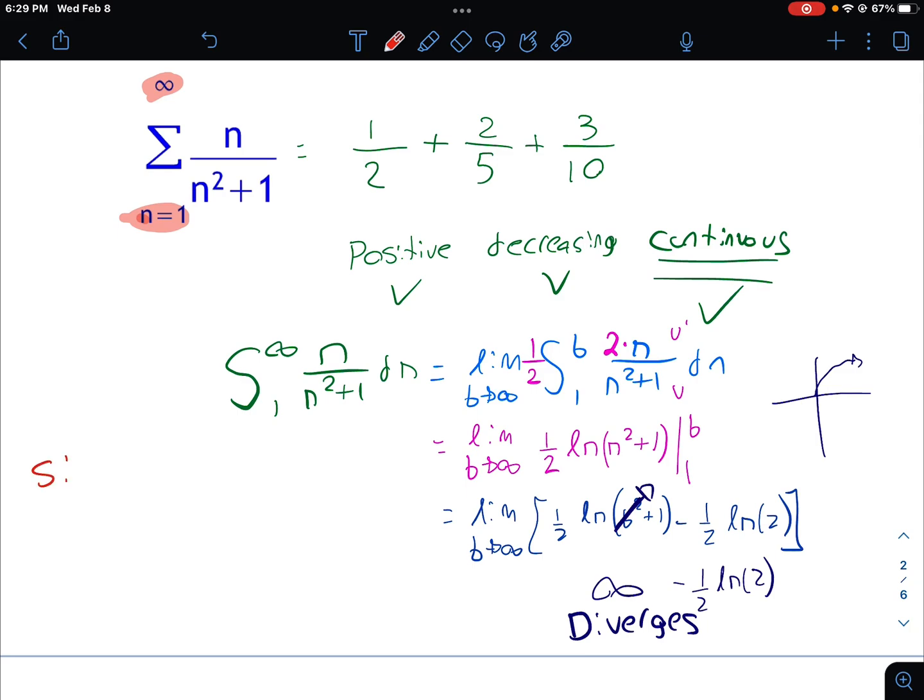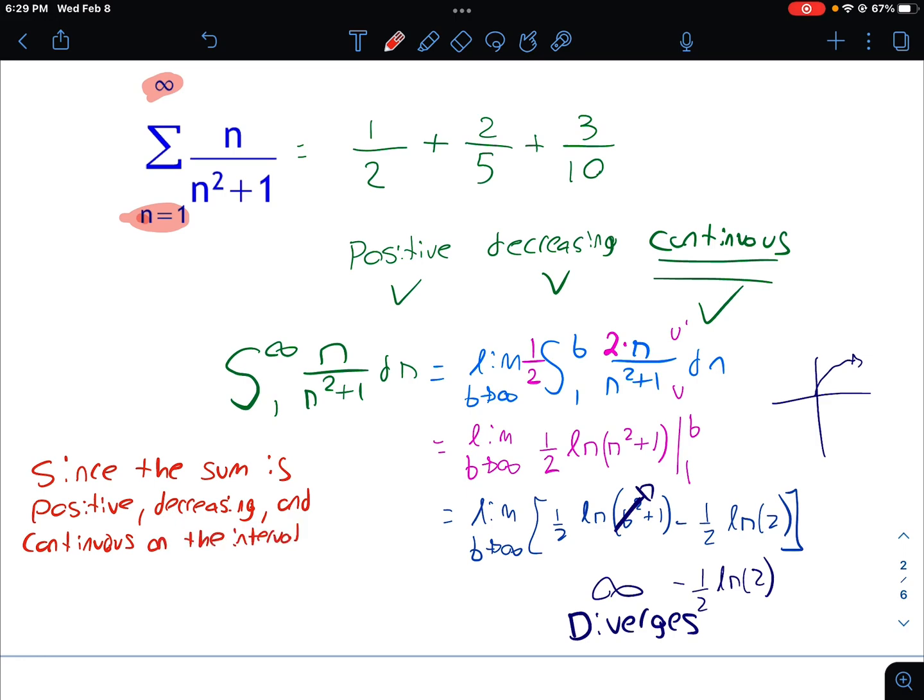So since the sum is positive, decreasing, and continuous on the interval, then either both the series from n equals 1 to infinity and the improper integral from 1 to infinity converge or diverge.